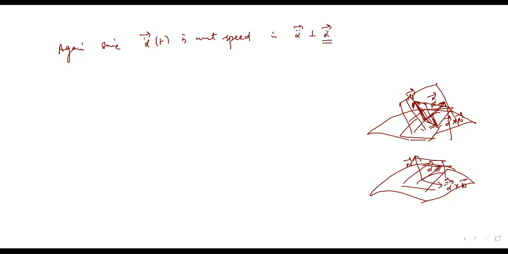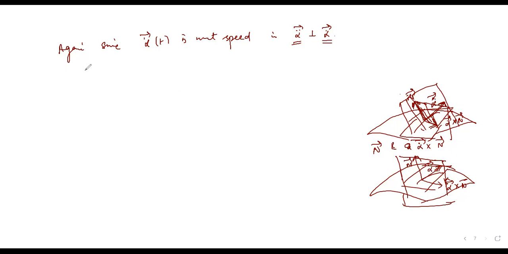Now if I look at this plane, which is spanned by N and alpha dot cross N, and since alpha double dot is perpendicular to alpha dot, it must lie inside this plane.